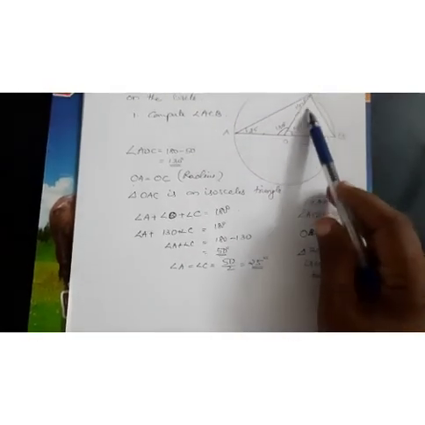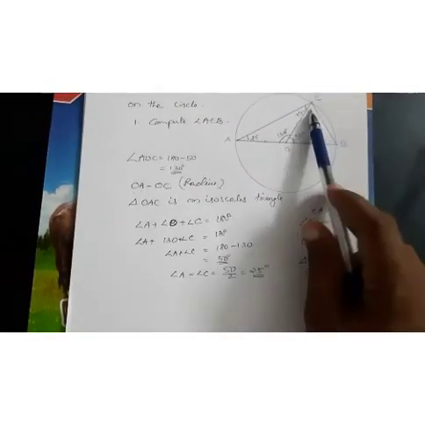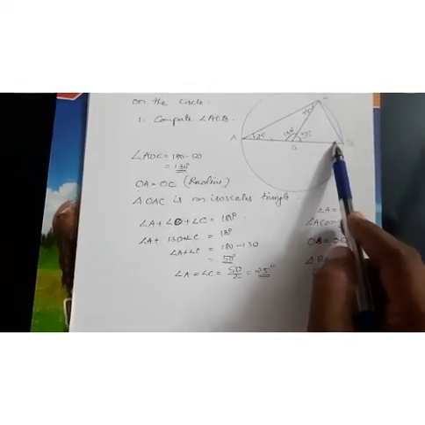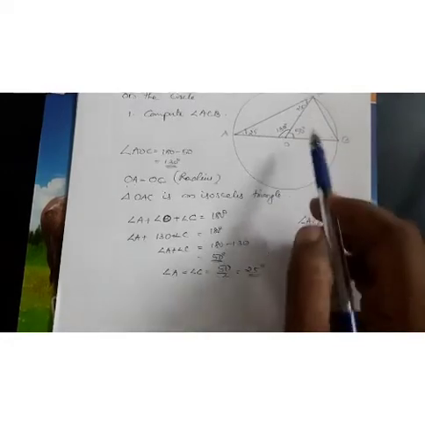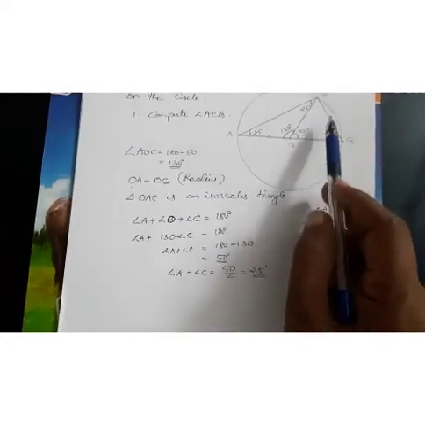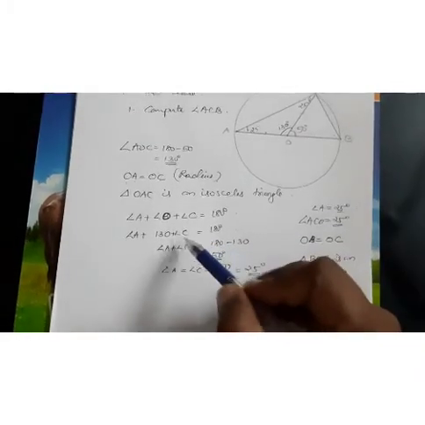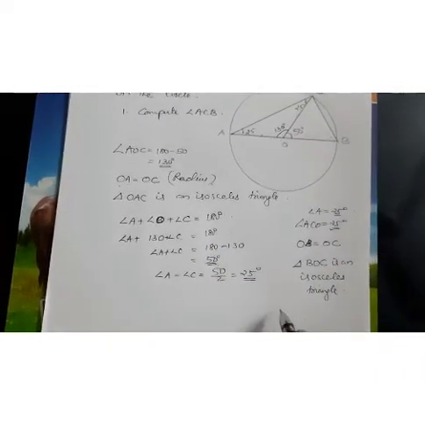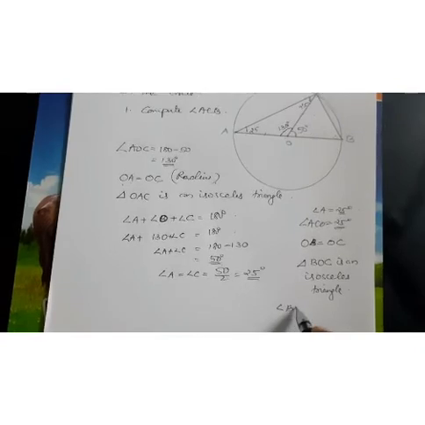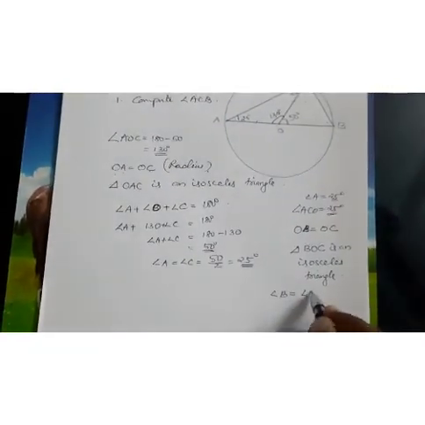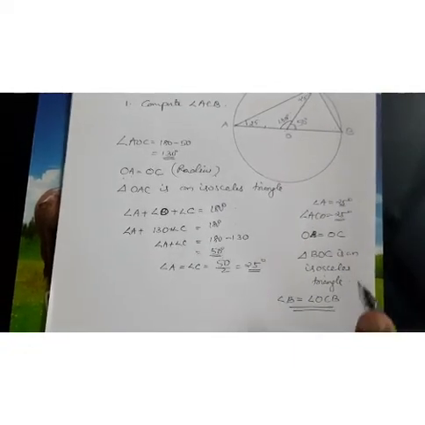If this is an isosceles triangle, what about these two angles? They are equal. So in triangle BOC, you have to find the other two angles, which you know how to find. So angle B is equal to angle OCB. Both are equal angles.